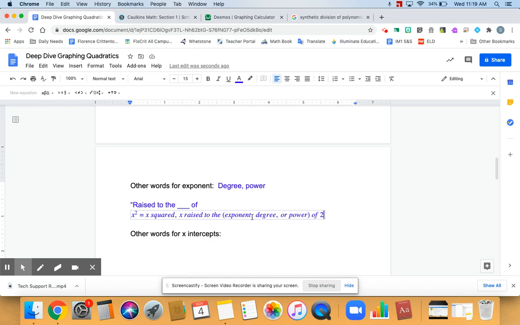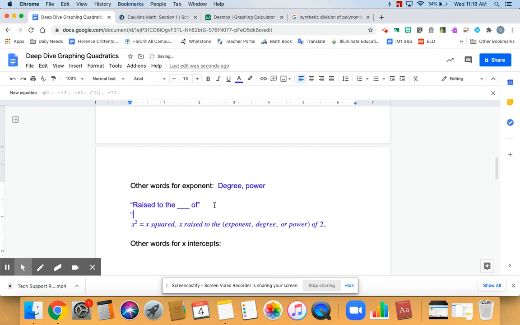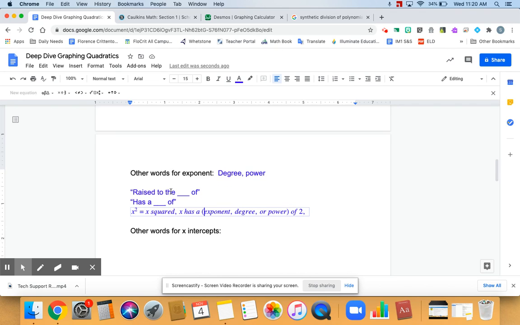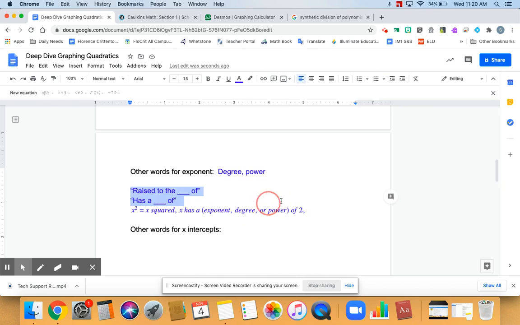It all means x squared. I don't even have to say raised to the blank of. I can say has a blank of. So I could say x has an exponent of 2, x has a degree of 2, x has a power of 2. So that's just many, many ways to say the exact same thing.